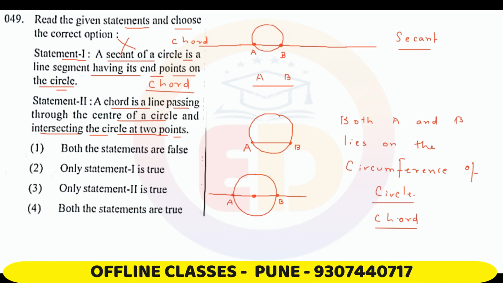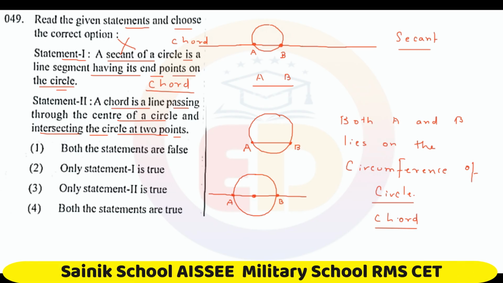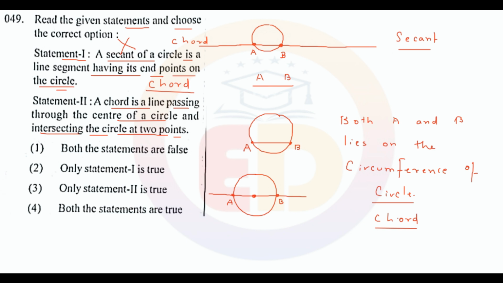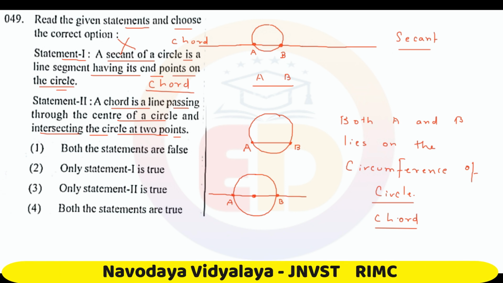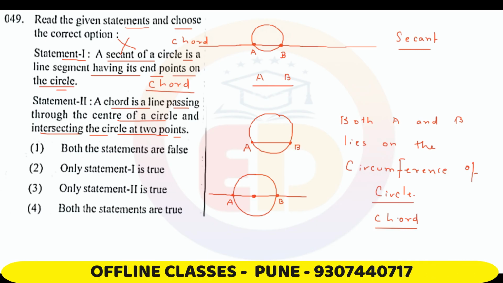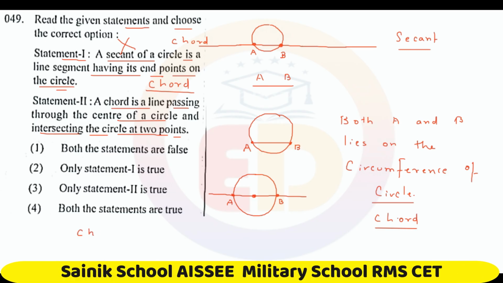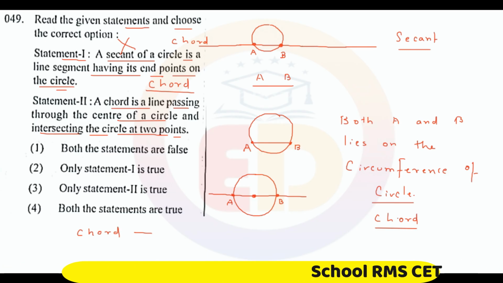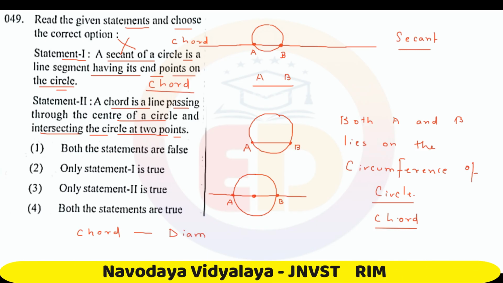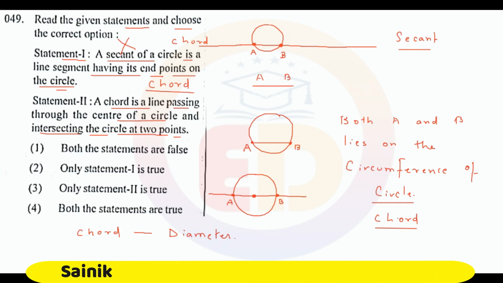So it will not intersect the circle at 2 points. It will end at 2 points on the circle. So the second one again is not correct. However, a chord can be a diameter. Rather, diameter is the biggest chord of a circle. So here, statement number 1 and statement number 2 are both false. Answer is 1.